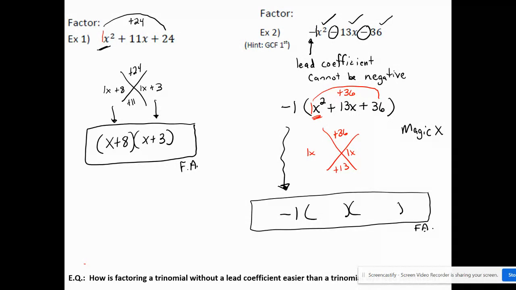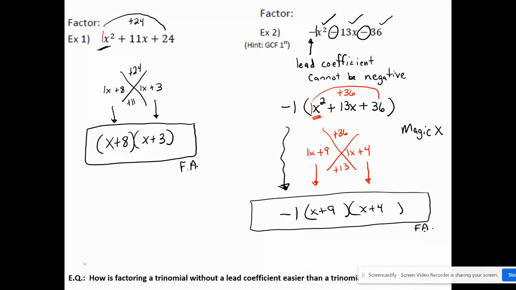Remember, whatever's right here. So that would be a 9. And a 4. 9 times 4 is 36. 9 plus 4 is 13. So there's our answer. We're going to bring those down. I'm just going to change colors real quick. So that would be an x plus 9 and an x plus 4.